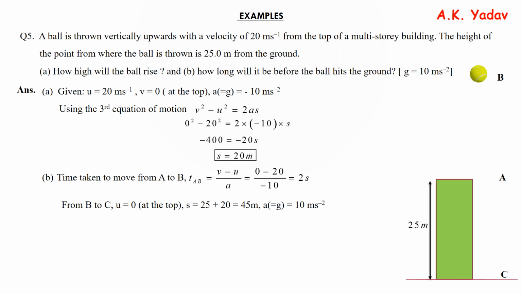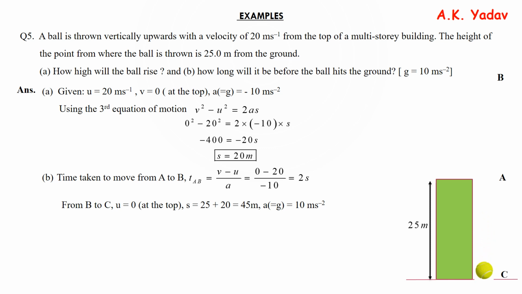Now, from B to C, the initial velocity is 0 because at the top the final was 0. Now it is moving from the top, so the final becomes the initial. The distance will be 45, that is 20 plus 25. g is plus 10 because it is moving downwards.